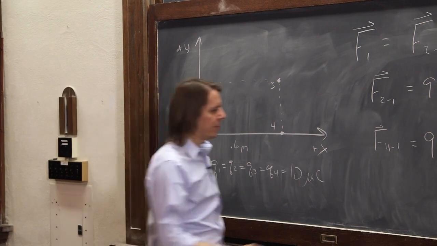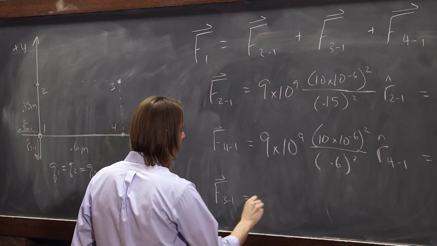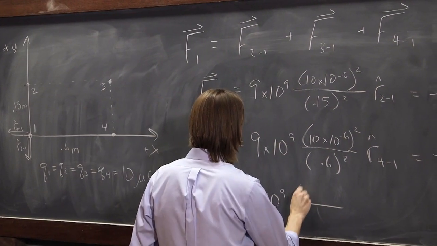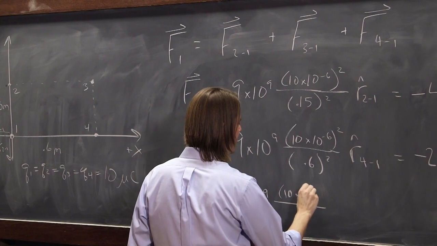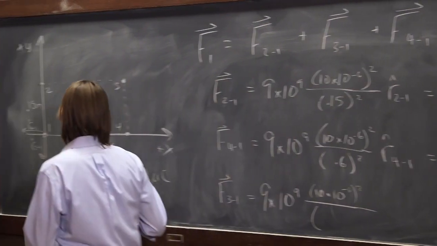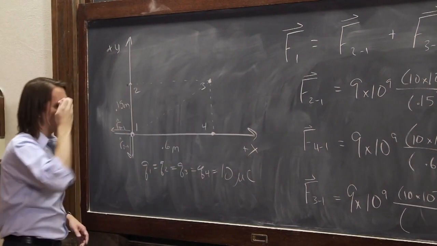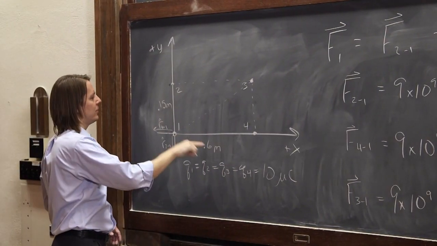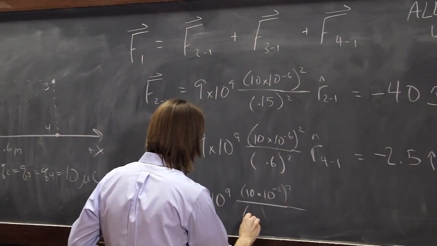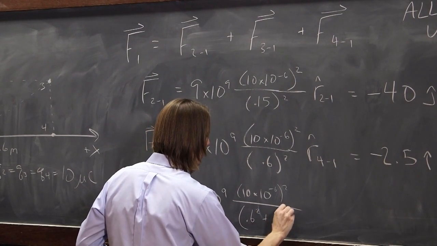Finally, there's F31. 9 times 10 to the 9, 10 times 10 to the minus 6, quantity squared, over this distance here. So we can get that from the Pythagorean theorem. It's a square root of 0.6 squared plus 0.15 squared.